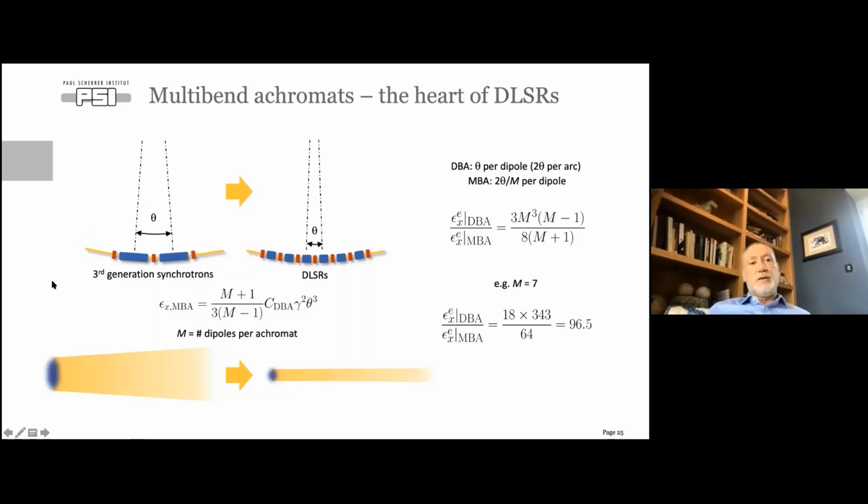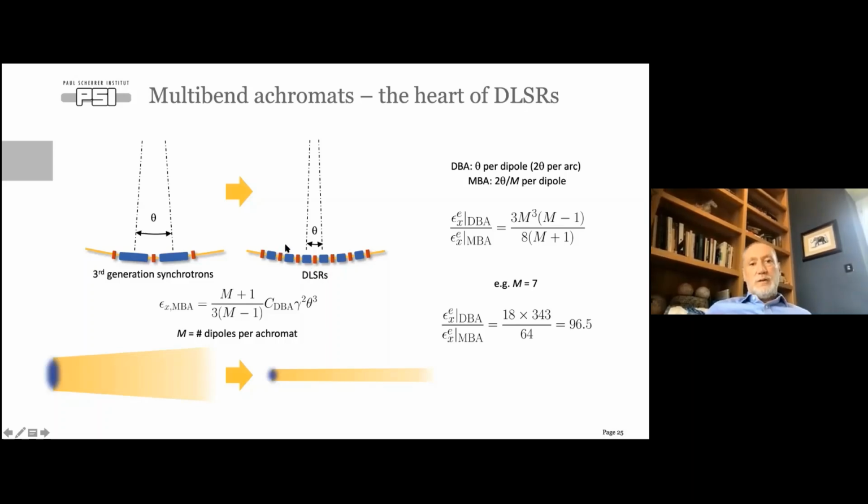In a third generation facility, typically a bending magnet arc section would have 2 bending magnets in a so-called double bend achromat. A couple of facilities had 3 bends in the triple bend achromat, but that I think only confuses things. What one should just keep in mind is that in most third generation facilities, DBAs, double bend achromats, were used.